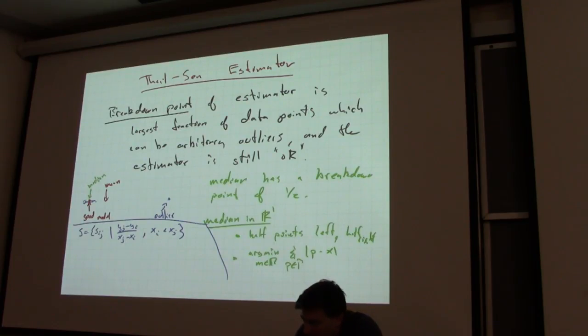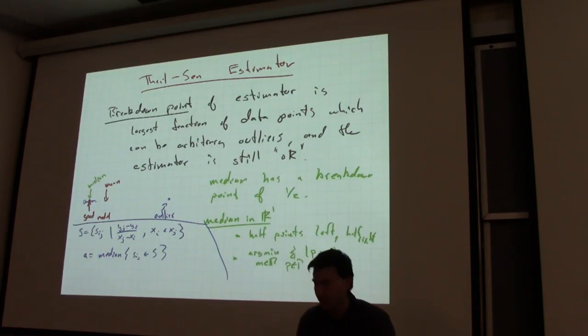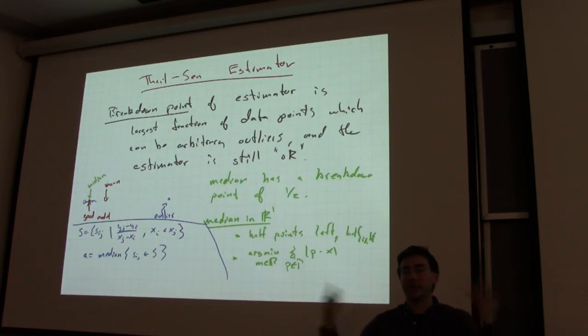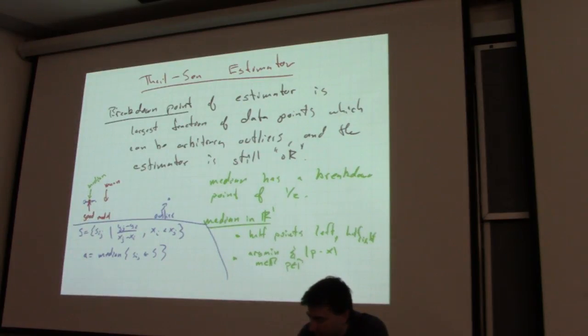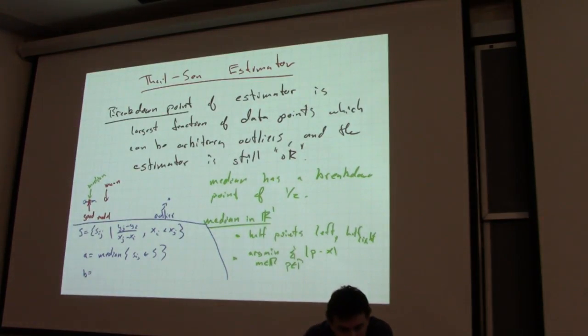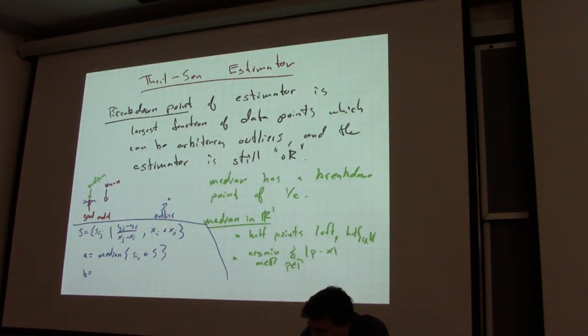Then I'm going to set A to be the median of Sij in the set S. So I look at all these slopes and take the median of these slopes. Then I'm going to take B to be the median of yi minus a times xi.